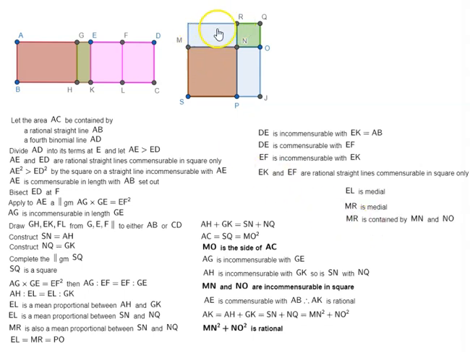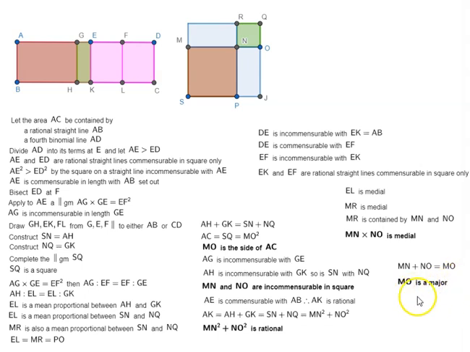MR is contained by MN and NR. But NR is equal to NO because this is a square. So we can say MR is contained by MN and NO. That means MN by NO is medial, since MR is medial. MN plus NO is equal to MO. So MO is a major straight line.